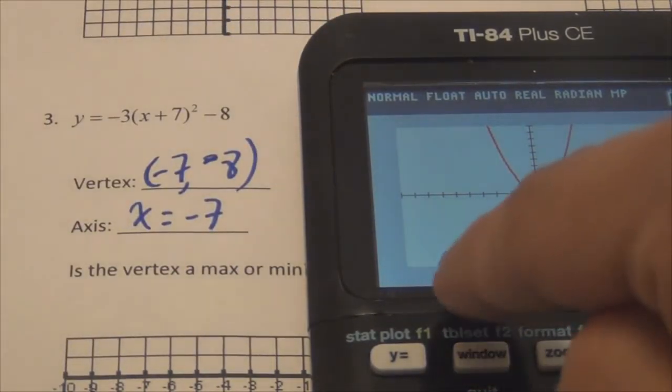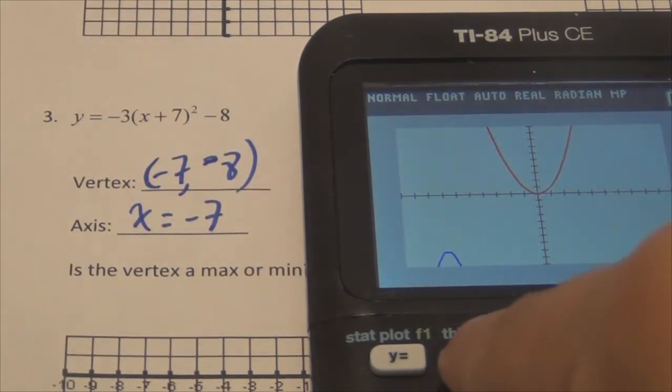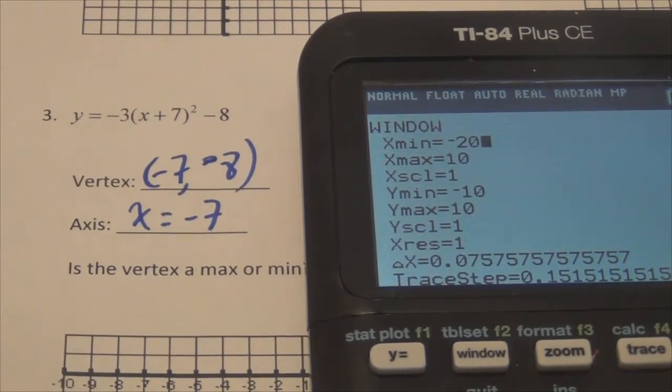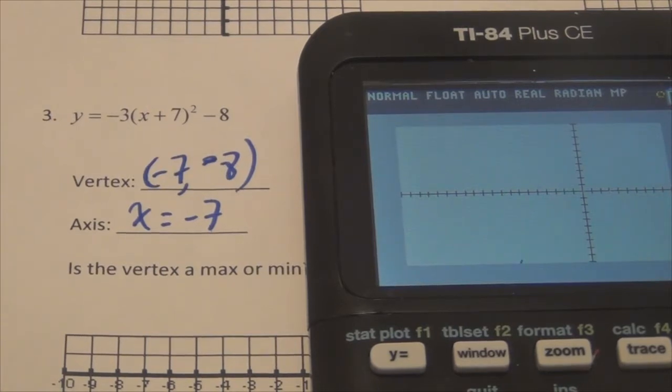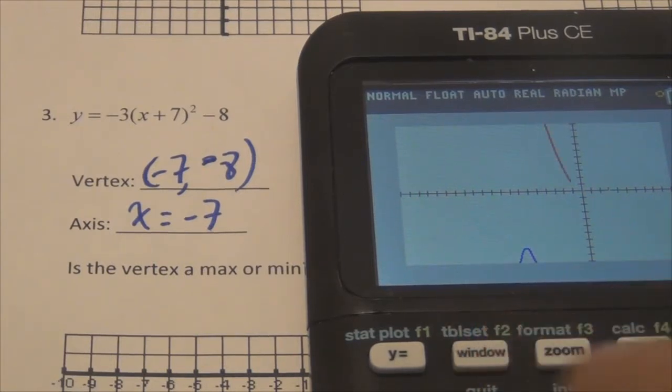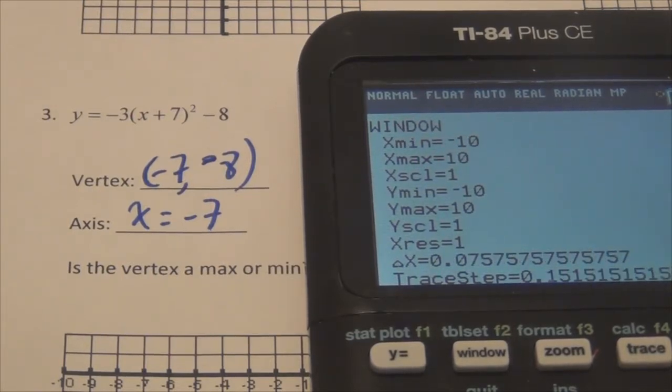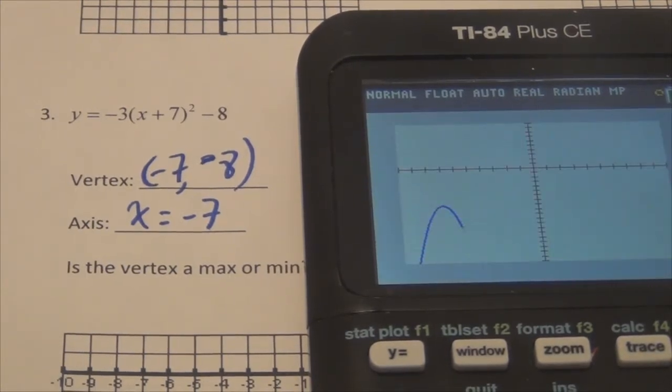Let me change the window so we can see more of the y. No, we cannot see more. I changed the x, not the y, sorry. Y minimum. There you go. Now we got it, and the parent function, of course.